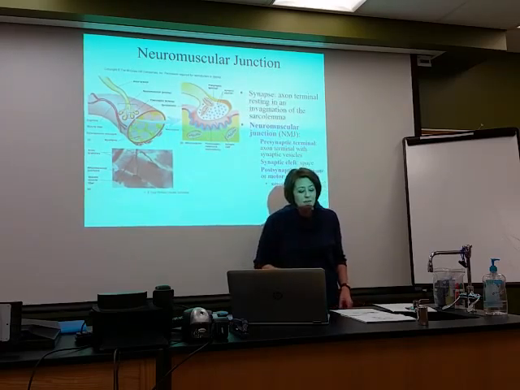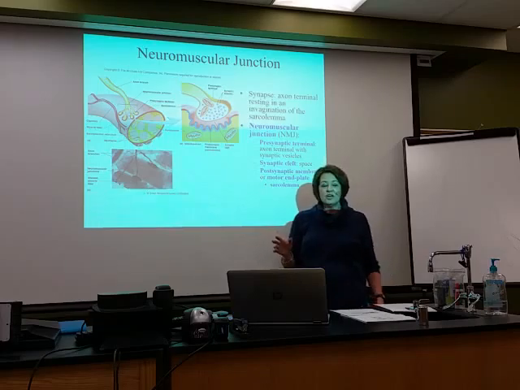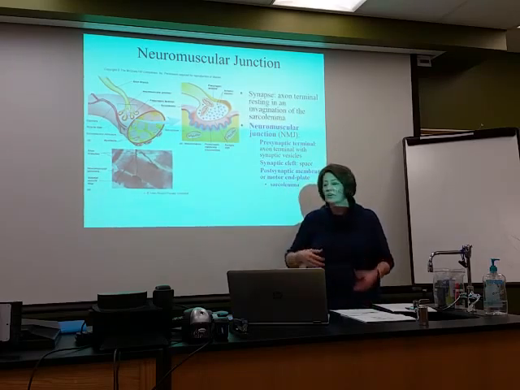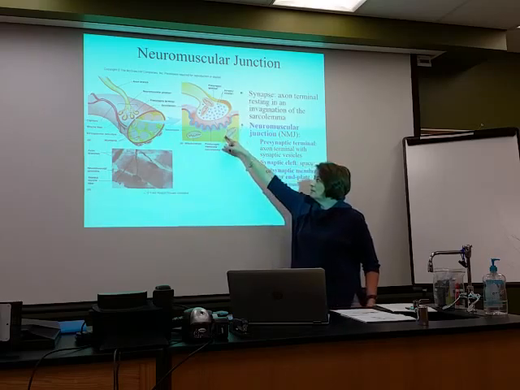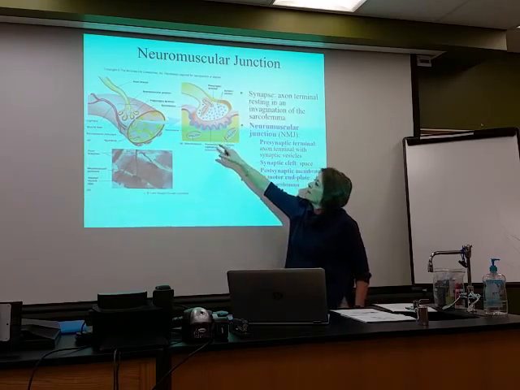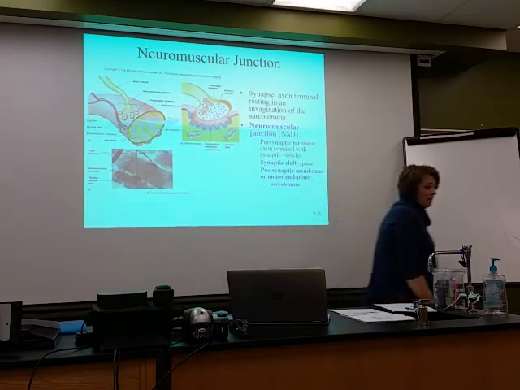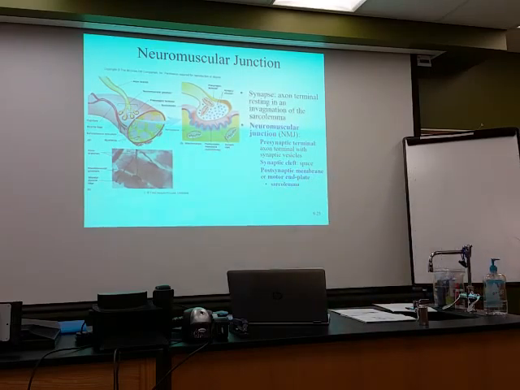Now, a couple of things that I want you to note about this coming together of the axon and the muscle fiber. What do you notice about the plasma membrane on that muscle fiber? Does it look just nice and straight?